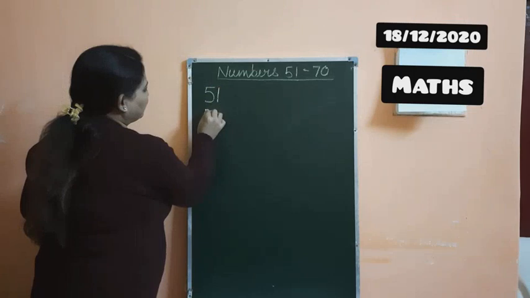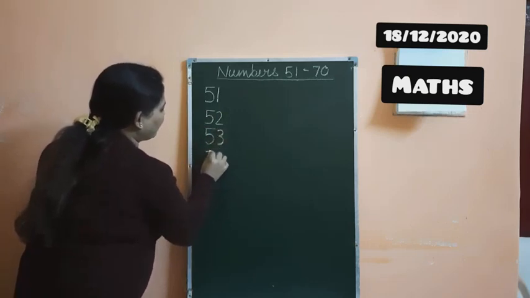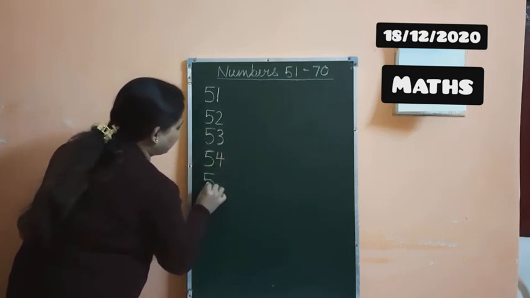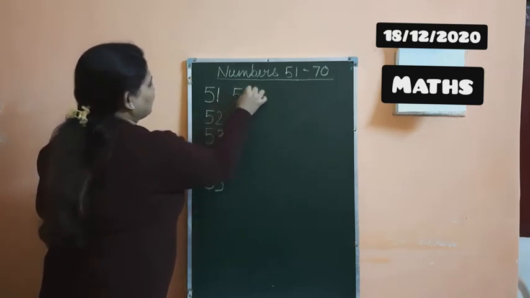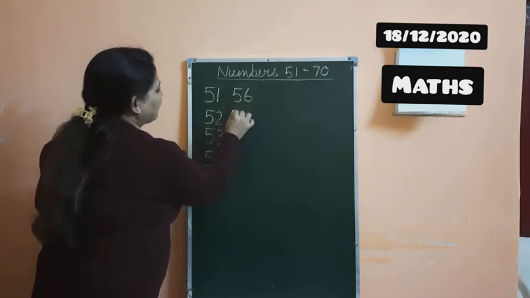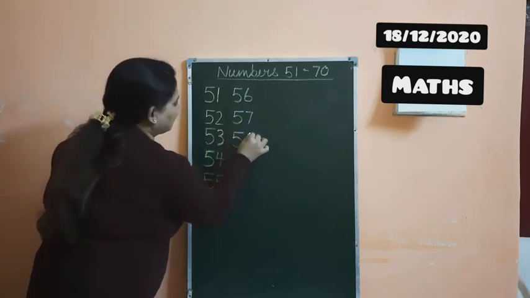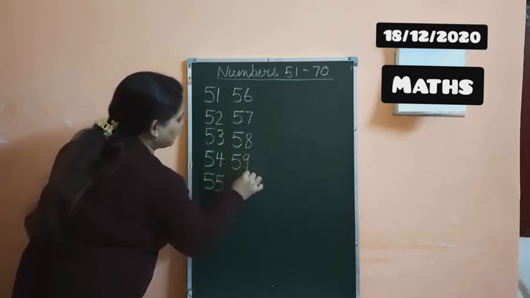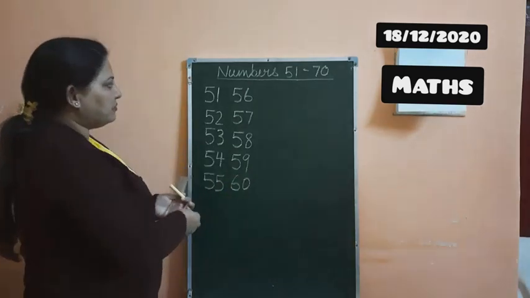52, 53, 54, 55, 56, 57, 58, 59, 60. After 60, which number will come?